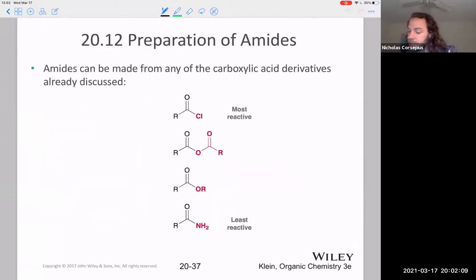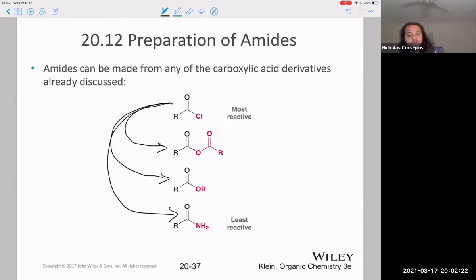The other thing that we're going to see over and over again, and keep in mind, is that because of this reactivity trend, it's really easy to convert something that's more reactive into something that's less reactive. So we're going to see reactions that convert acyl chlorides to all of those different functional groups. Likewise, for acid anhydrides, it's going to be very easy to convert those into something that's less reactive, okay?